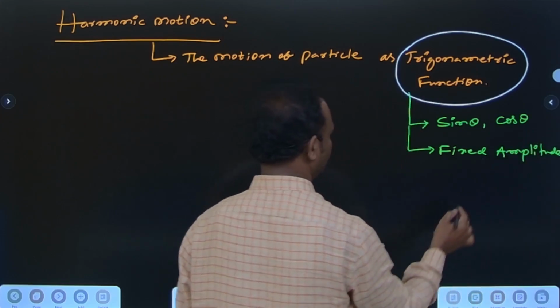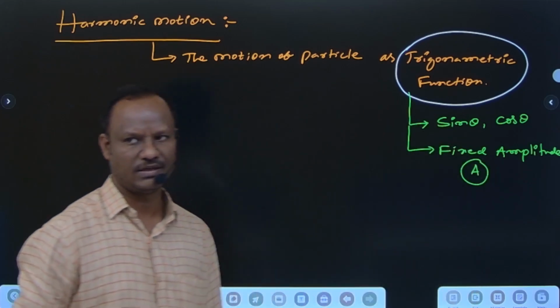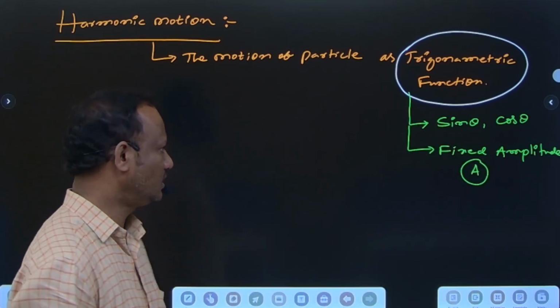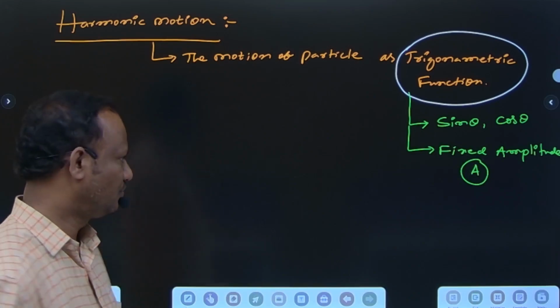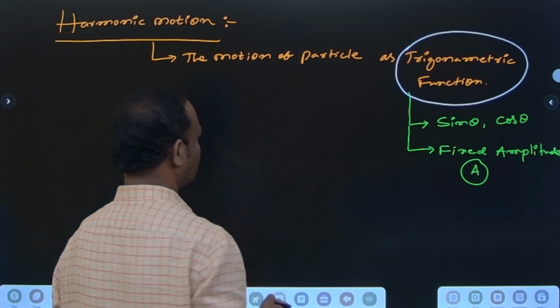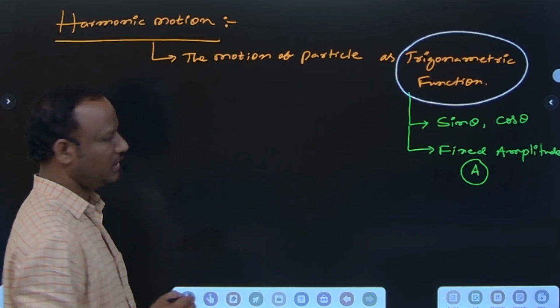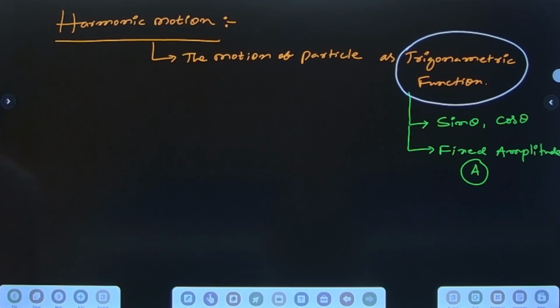The amplitude is A, which is the maximum displacement from the mean position, and it should be fixed. This can be expressed as a harmonic function. It is harmonic motion.